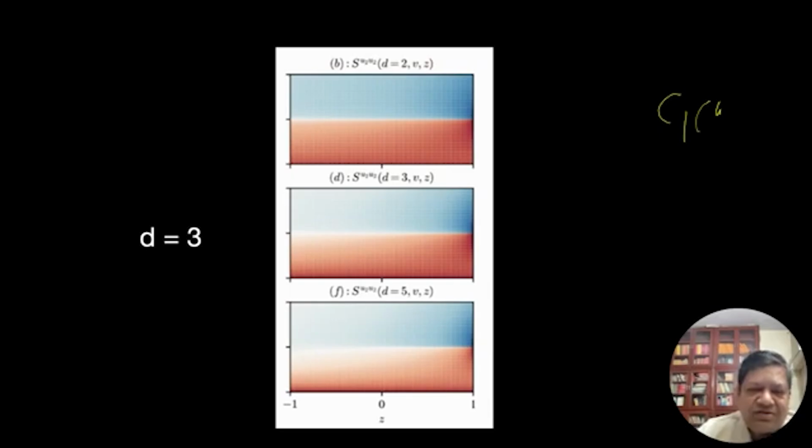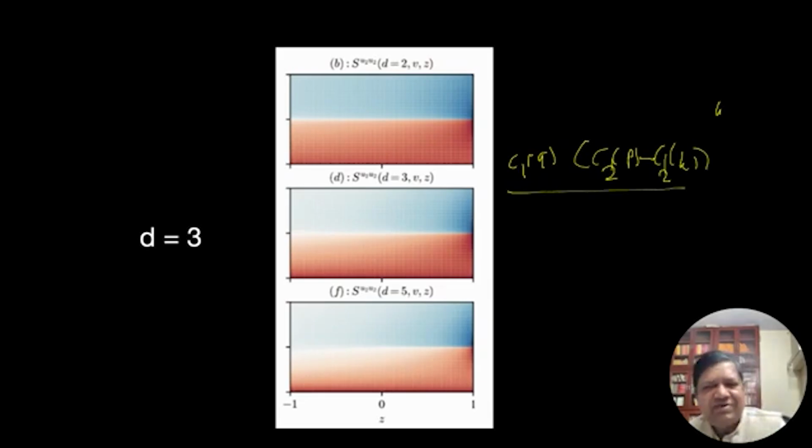So let's get some more space. If you recall correctly, it is C1 of Q, C1 of P minus C2 of P minus C2 of K, divided by the viscous term.